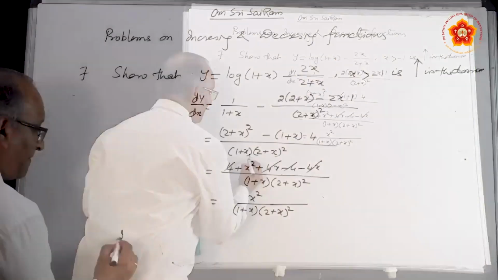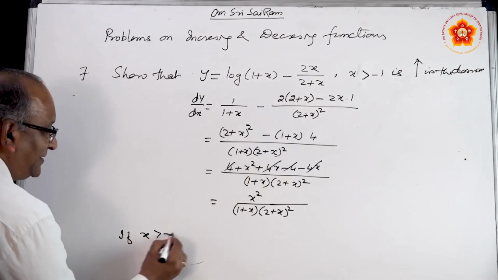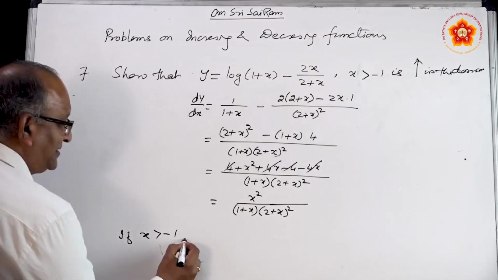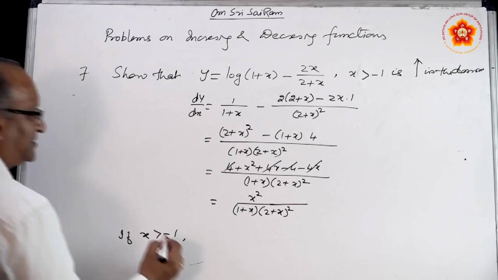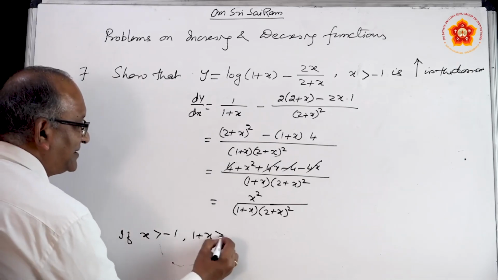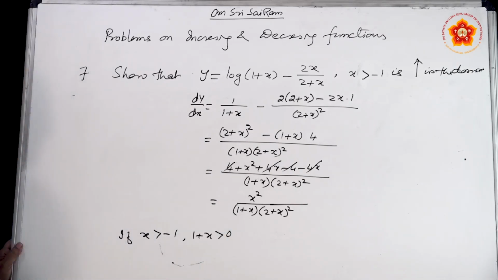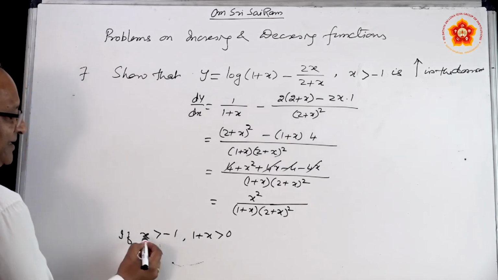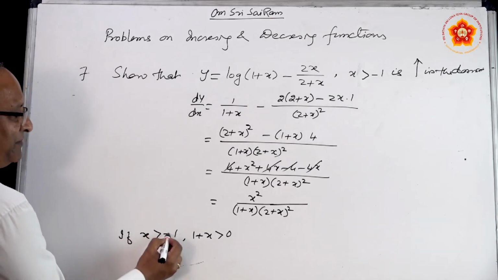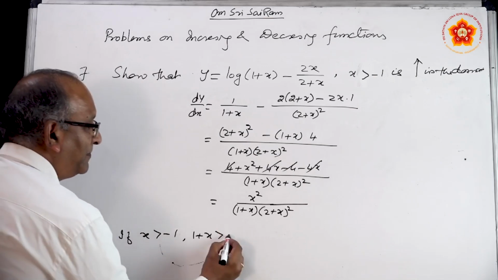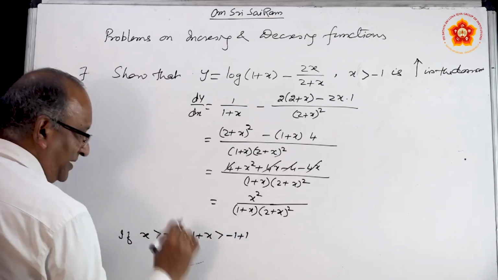If x is greater than minus 1, we can say that add 1 both sides. We can say that 1 plus x is greater than 0. If you add 1 to both sides, 1 plus x is greater than minus 1 plus 1, which is nothing but 0.